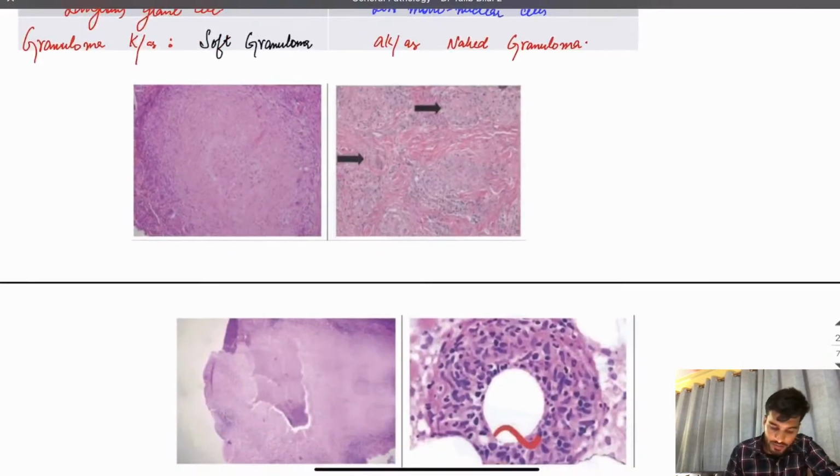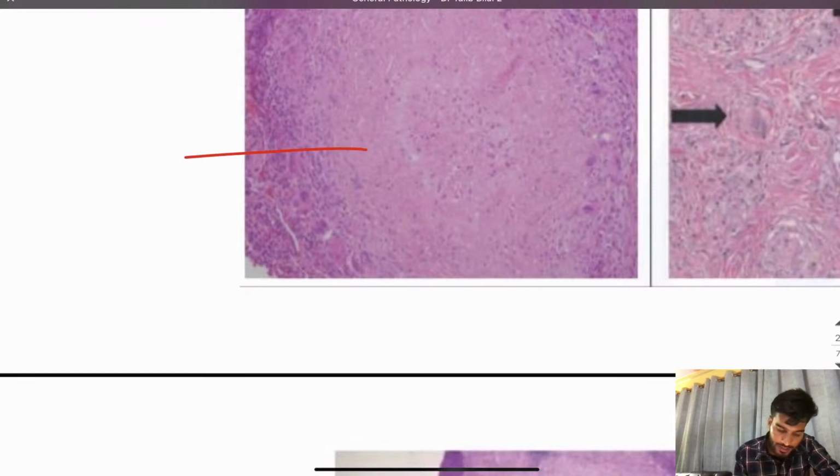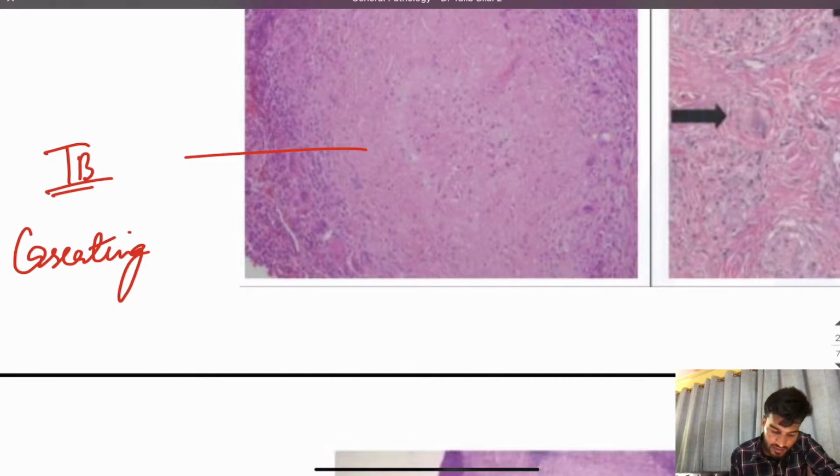Now this is a caseating granuloma, guys, seen in TB.